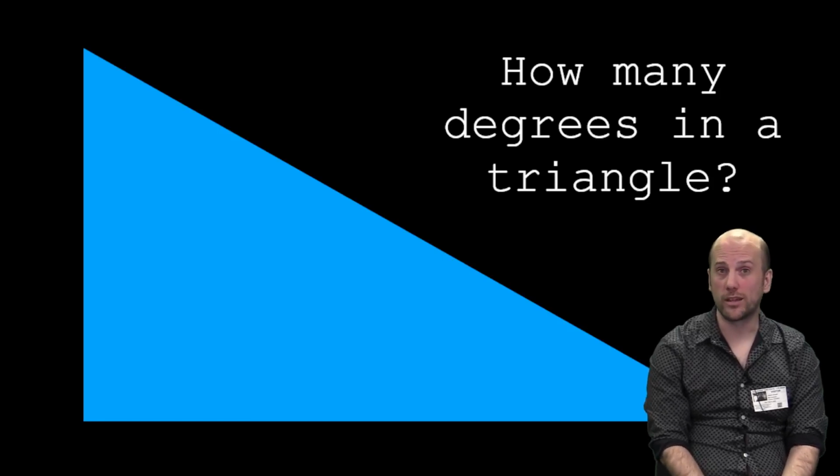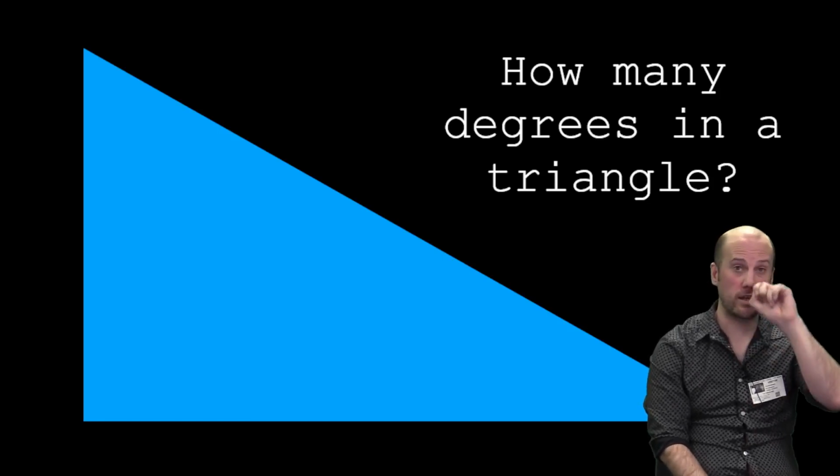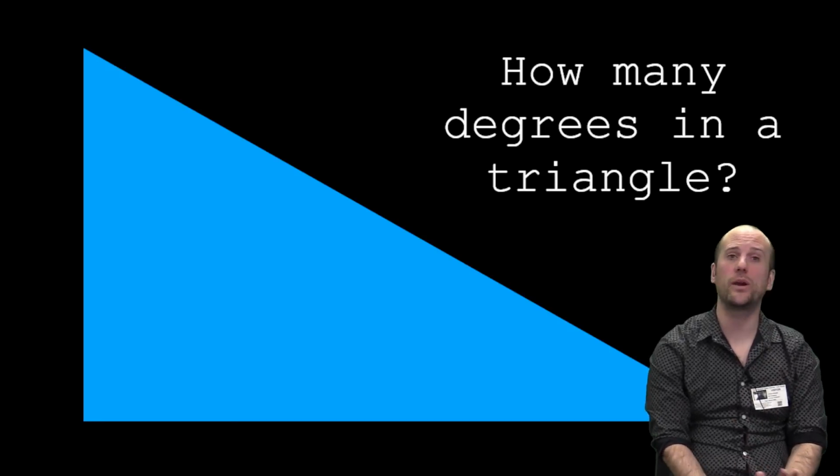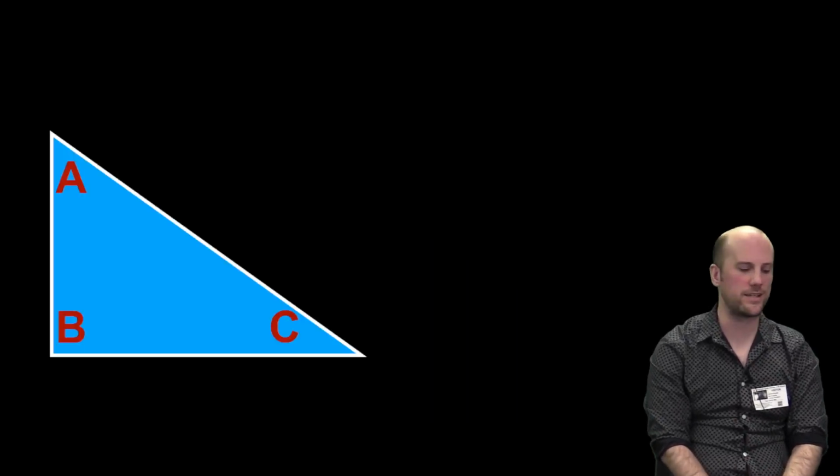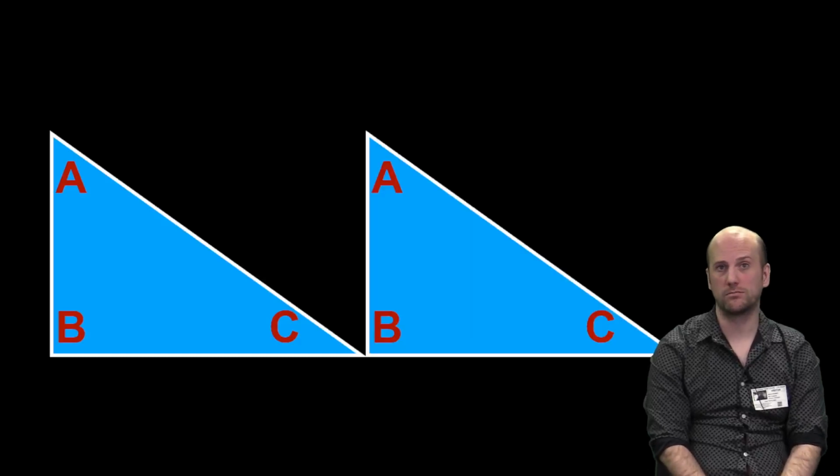Depends how you draw your triangle. Because yes, a triangle like the one you can see here, the angles do add up to 180 degrees. And we can prove that very easily without doing any numbers whatsoever. Take a triangle, label the angles A, B, and C, copy the triangle, make a second one, the same.